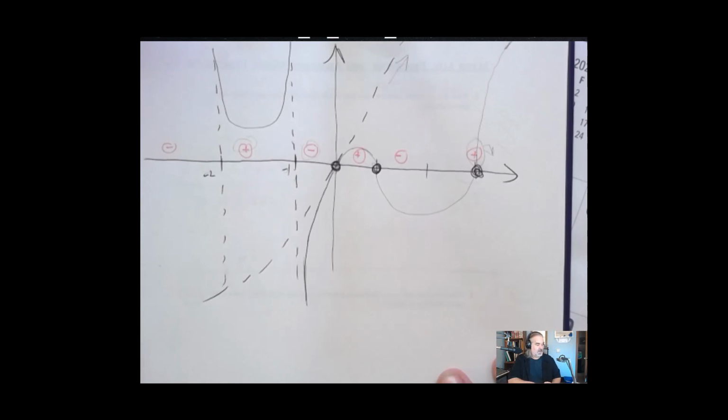Okay? And then for the graph out here, the graph to the left of -2, we want the function to be negative. So we've got to be down here, but we have to obey this asymptote and also this asymptote.